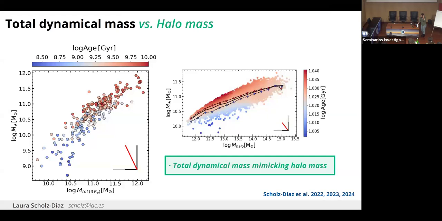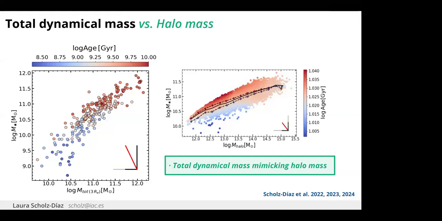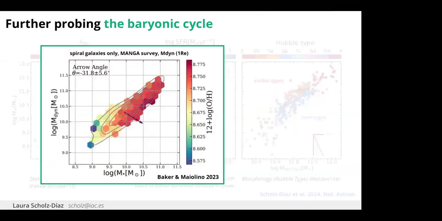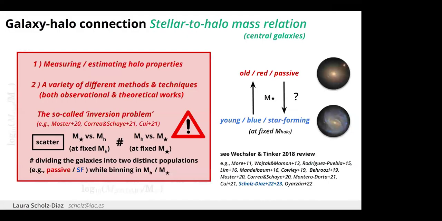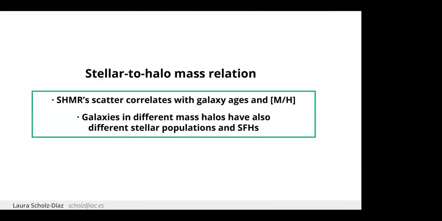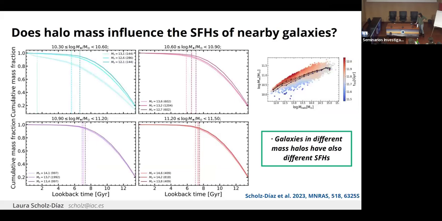But if you go to the accretion history, the cumulative mass fraction that you had in a plot before, showing how at fixed stellar mass it evolves between 3 different halo masses, right? Yes, for example, this one.